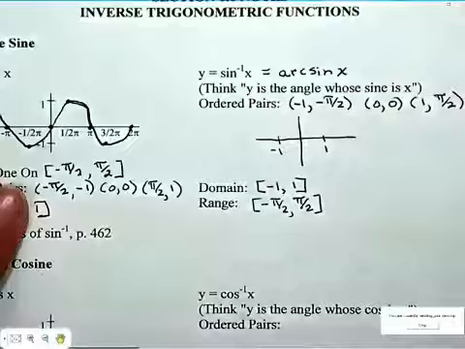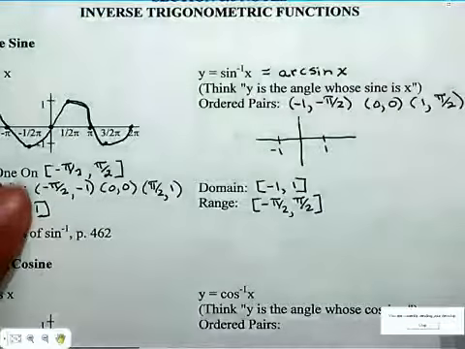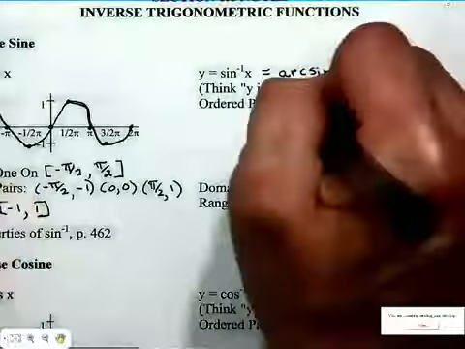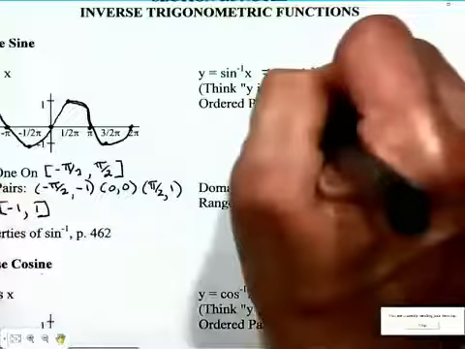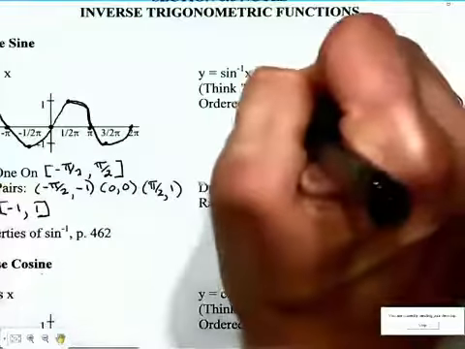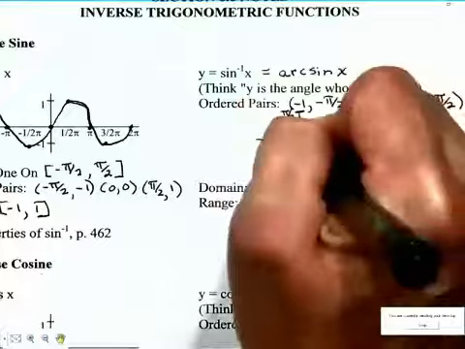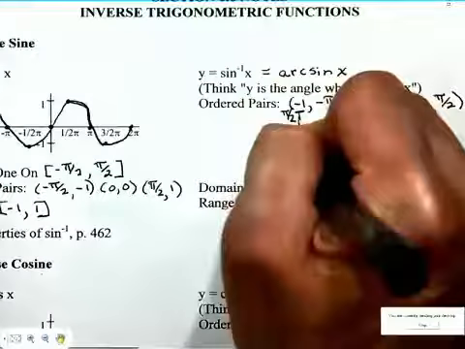Pi/2 is about 1.5, so I'll try to make it look a little bit more than that distance. Here's +pi/2 and -pi/2.